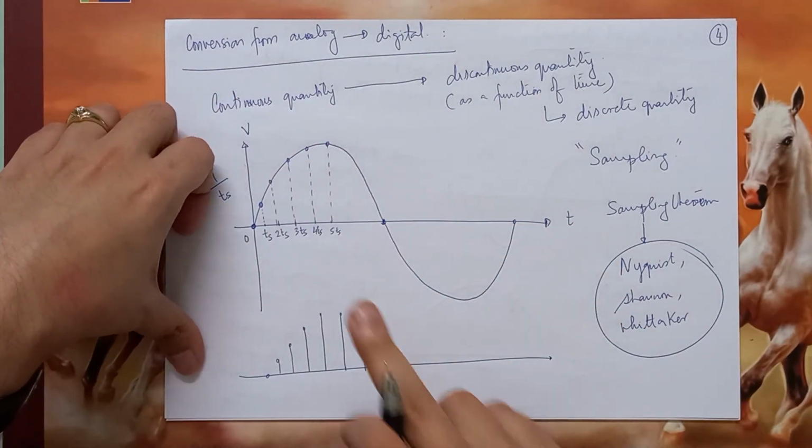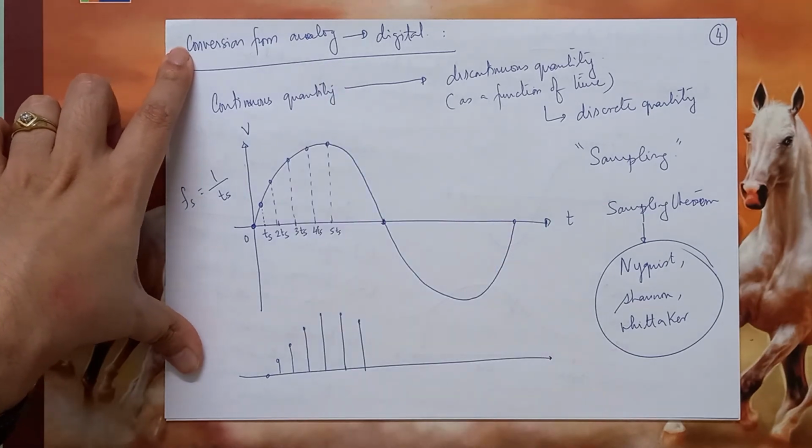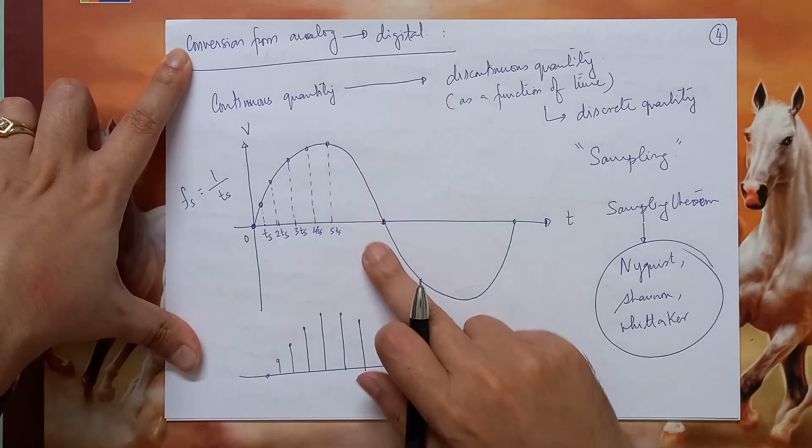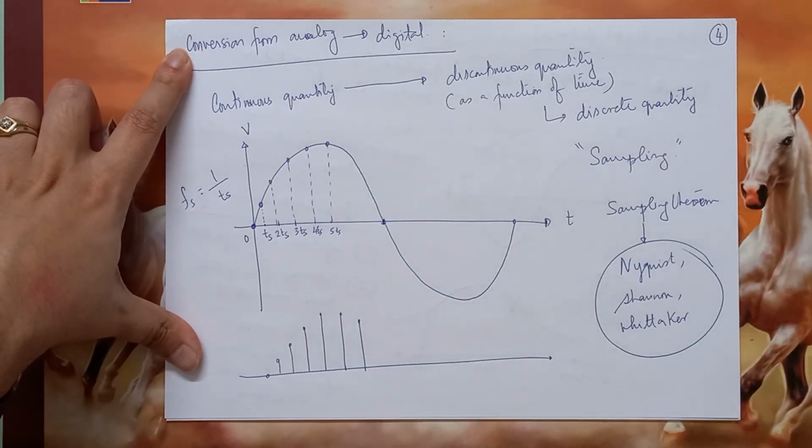The bottom line is that to convert from analog into digital, you need to take snapshots of the signal at certain instances of time, which are also called samples.